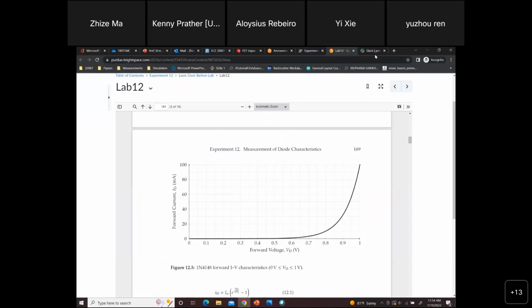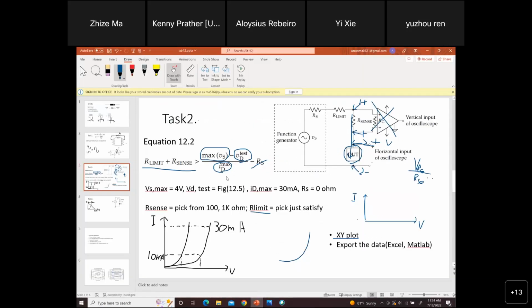I saw there's a question about R limit, so let me repeat it. Let's say after you do the calculation, your R limit plus R sense is greater than 200. Again, this is just an example; 200 is not the answer of this equation. Then you start by picking R sense first. Let's say you pick R sense equal to 100.